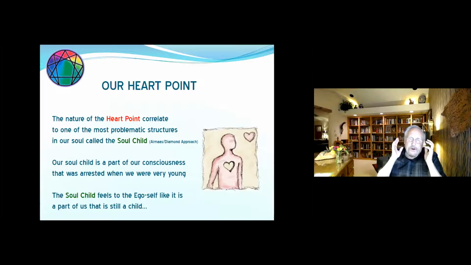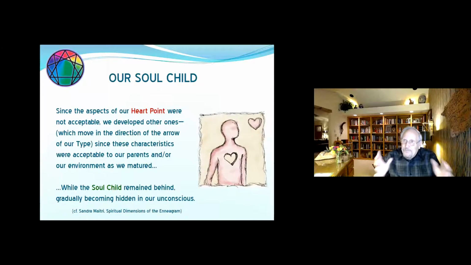The soul child was part of our consciousness and it was arrested when we were very young, often even before we're conscious. So when we begin to explore this, and that's why I'm asking you to hang on, even if you feel a little confused, it sometimes feels like the ego self, like it's a part of us that's still a child. I go back there and say, well, I don't want to be that. I've grown up. I've moved beyond that. And that's where it's tricky. That's where we need practices to help us here.